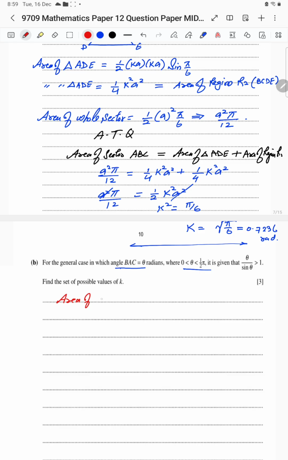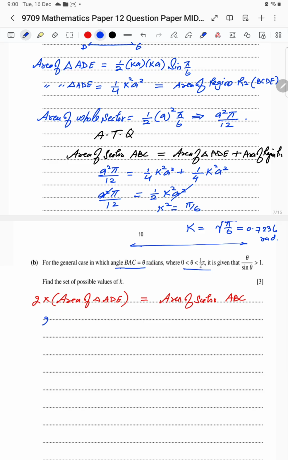The area of triangle ADE, if I multiply this by 2, because region 1 and region 2 are the same, is equal to the area of sector ABC. So here just replace the values by using theta.